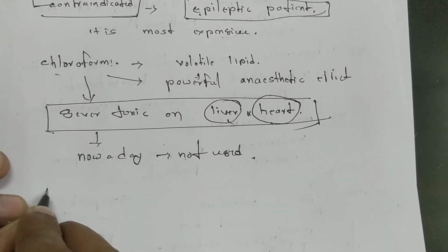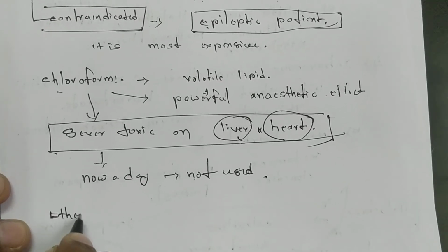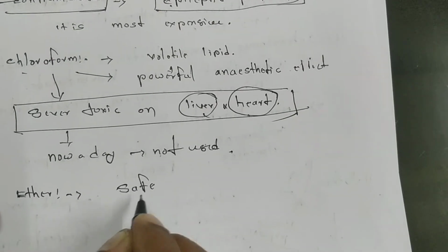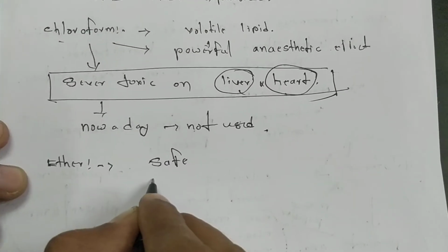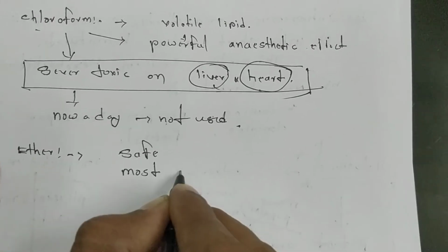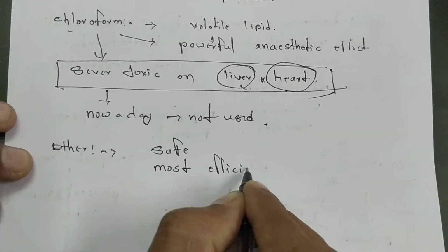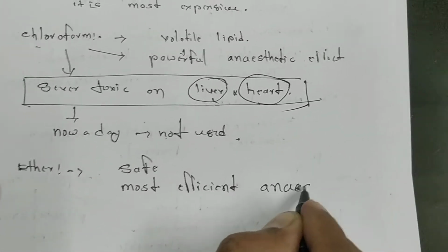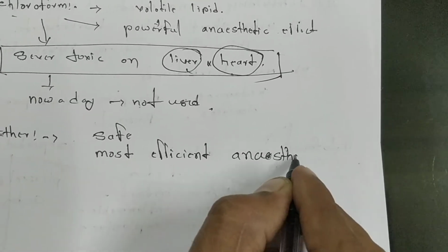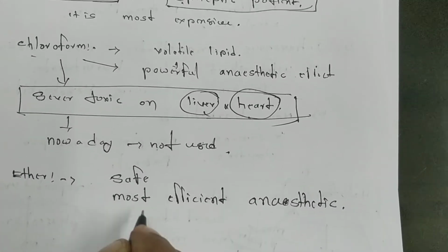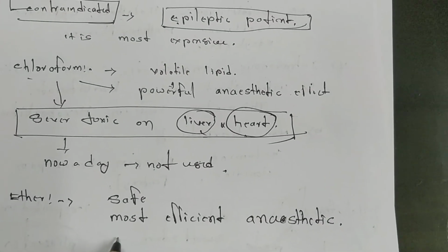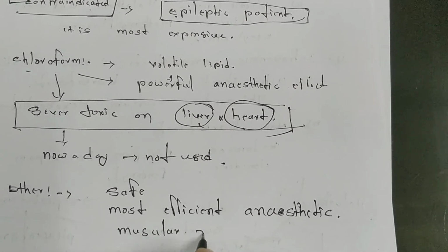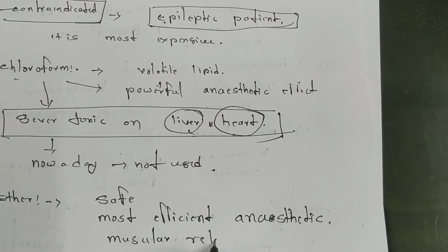Now next is ethyl ether. It is a safe, efficient anesthetic. It produces muscular relaxation.